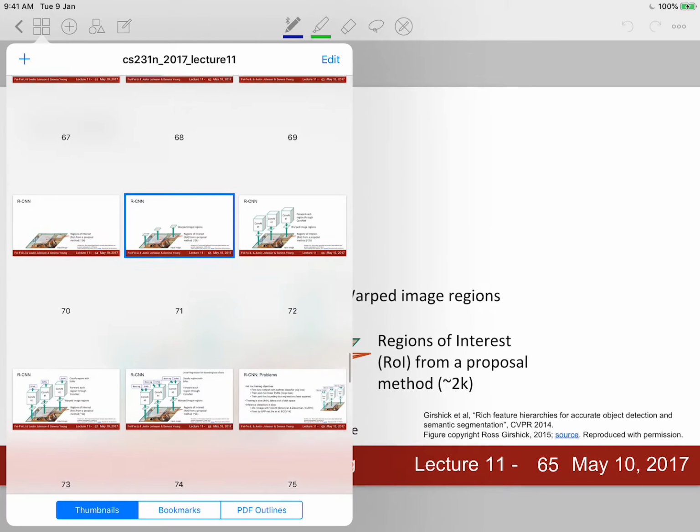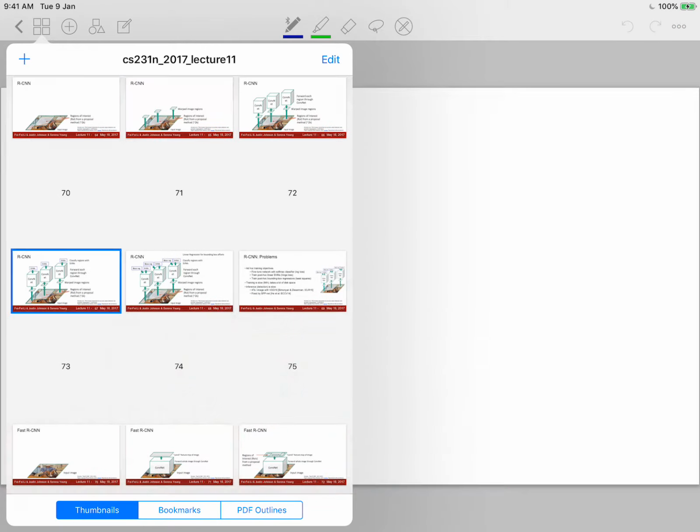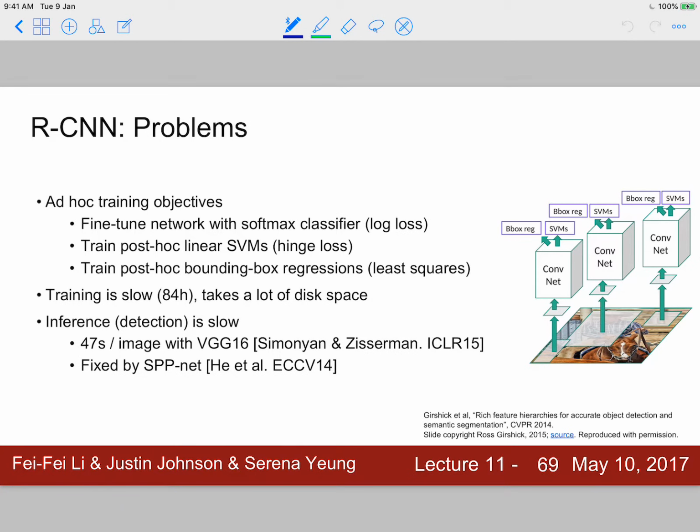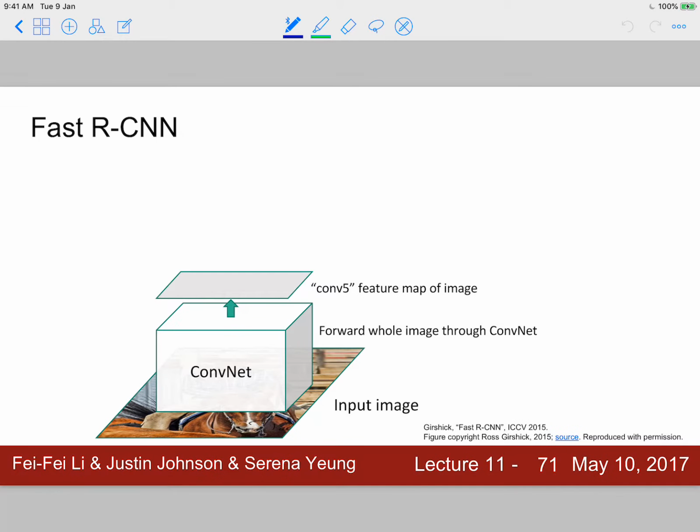And then after that, we have this Fast RCNN. So what's the difference between Fast RCNN and the original RCNN?